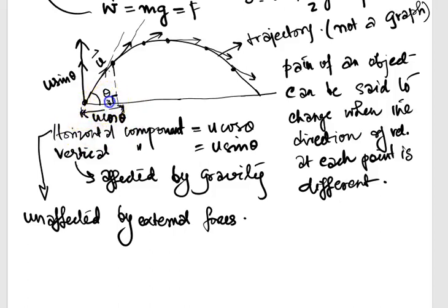This component would never be affected by gravity because gravity is acting downwards like this. At this point, the weight, or at any point, the weight is always acting vertically downwards. So it will only affect u sine theta, right?